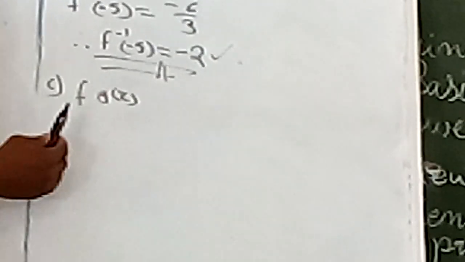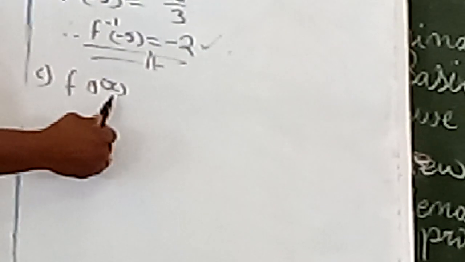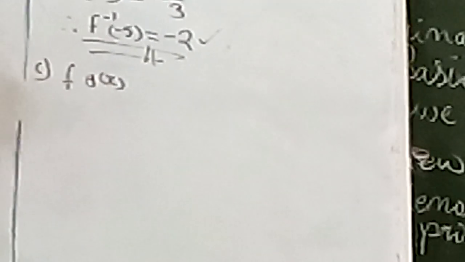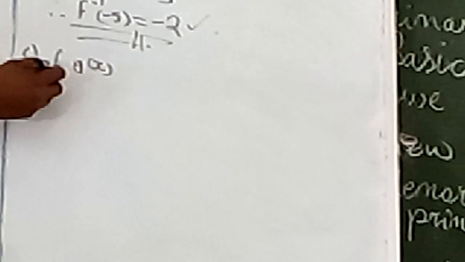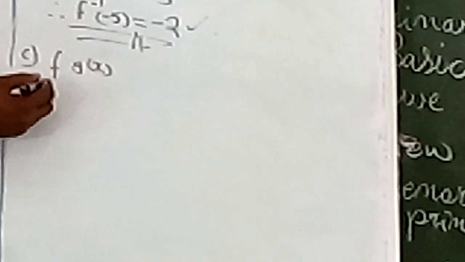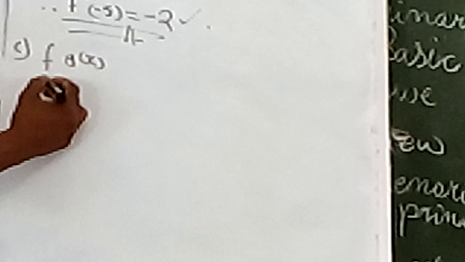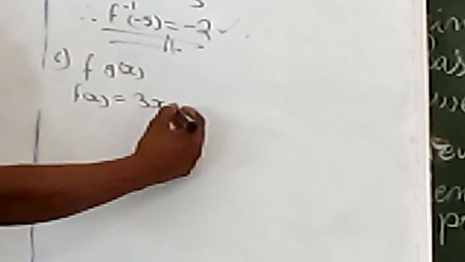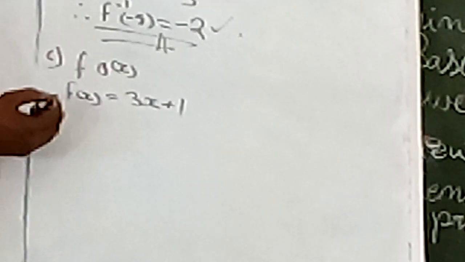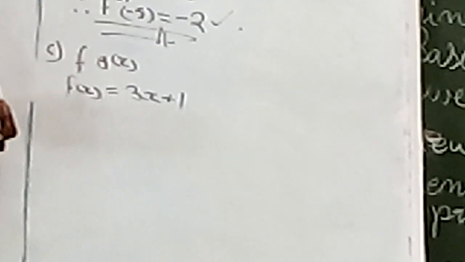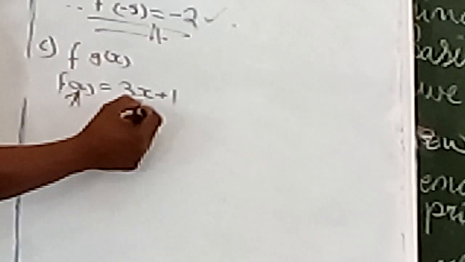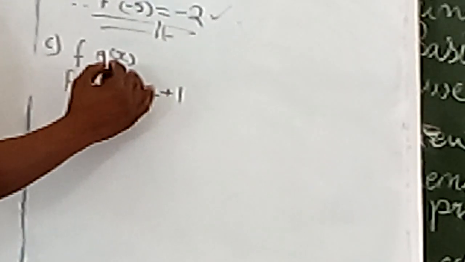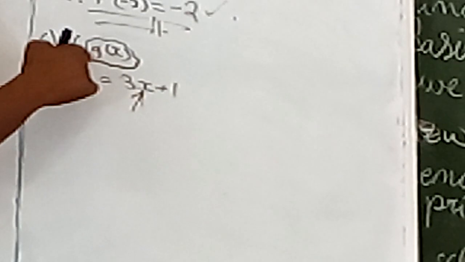Okay, so for example, the question says fg of x. What does it mean? It simply means that in the f function, which we know is f of x equals 3x plus 1, wherever there is x, we're going to replace it with the g of x function. That is the idea.